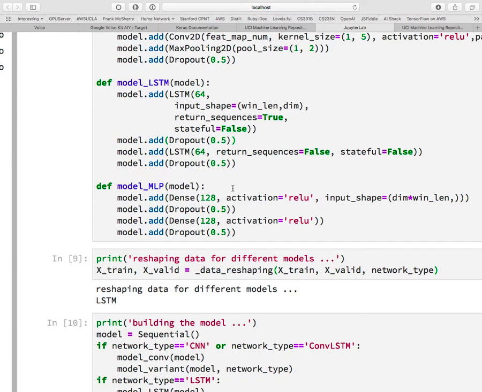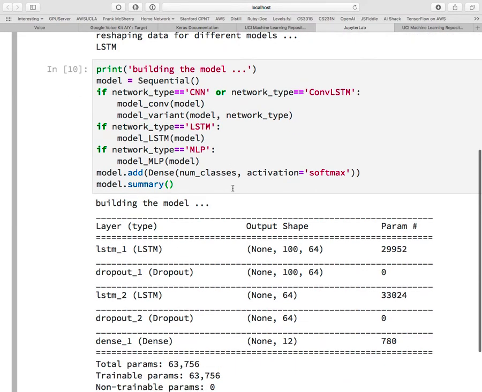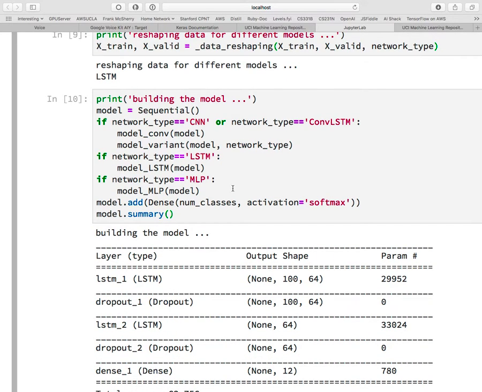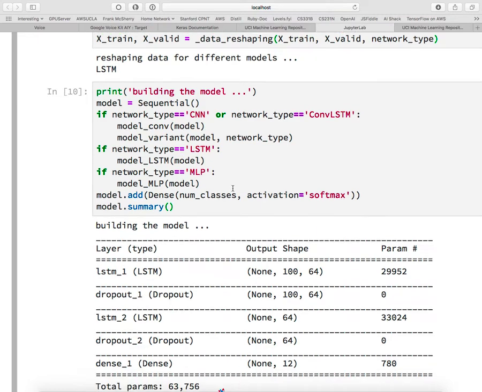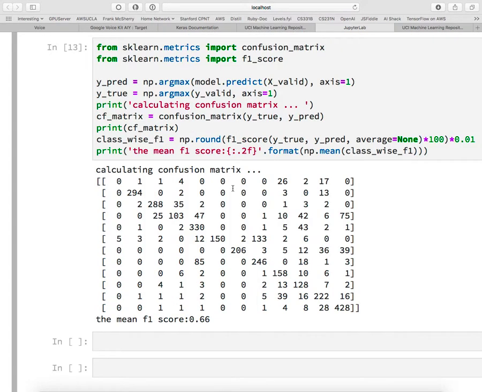And once I have the structure defined, the job is pretty simple. So we declare a model depending upon what we are doing, and then we create the summary of the model, it builds the model for us, and then we do the training.